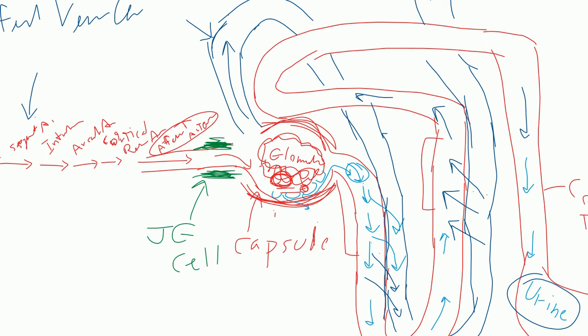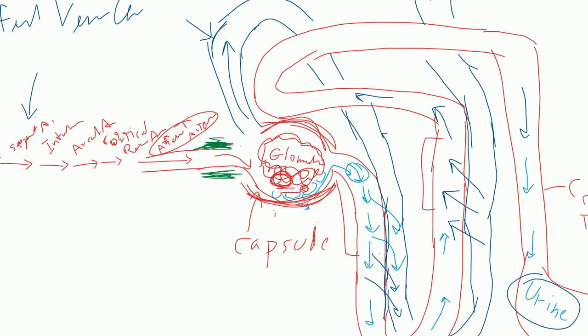So the juxtaglomerular cell is a specialized type of smooth muscle that is able to constrict or dilate the blood vessel. And depending on the diameter, whether it's constricting or dilating, that's how you manipulate the amount of filtrate that goes into the rest of your urinary system.